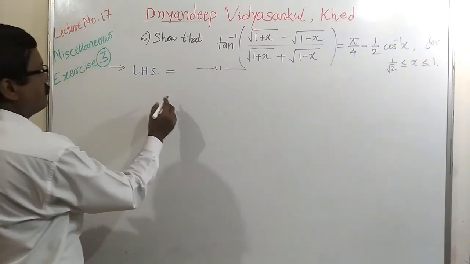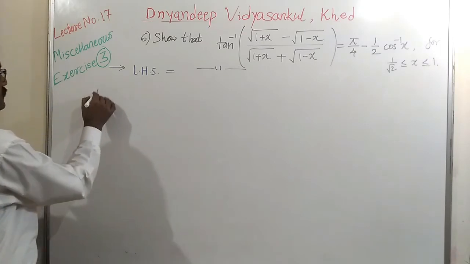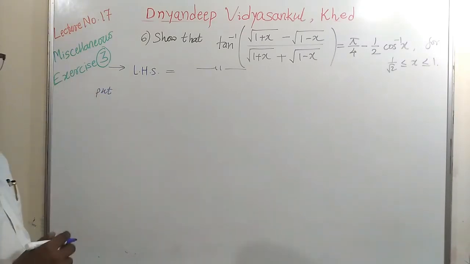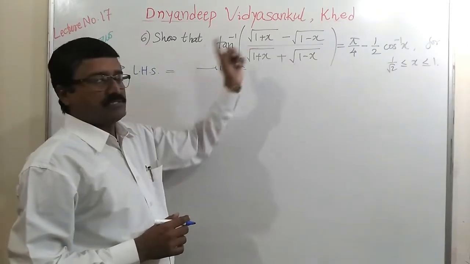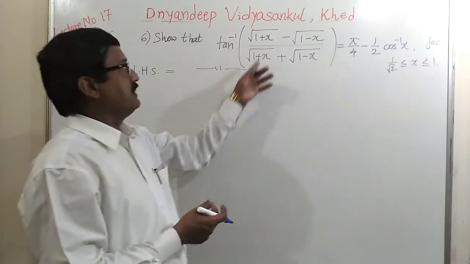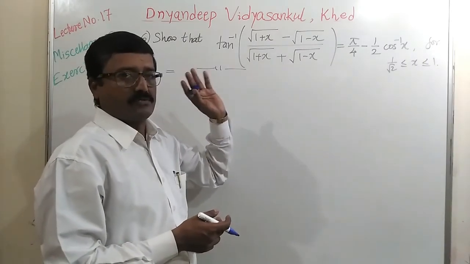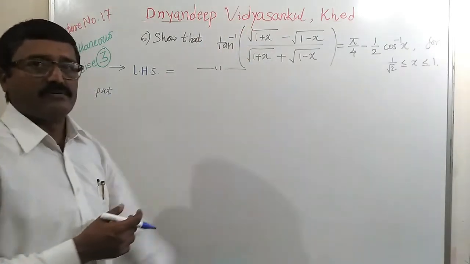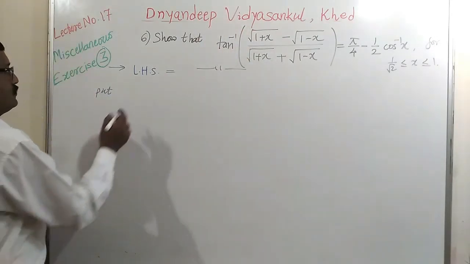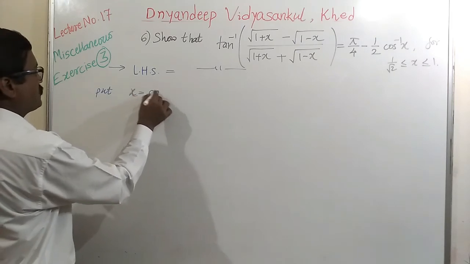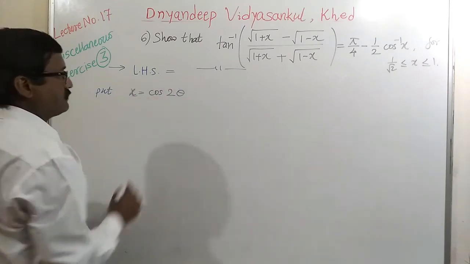Now for this, put x equal to... there is a root, so we can put either x equal to cos theta or cos 2 theta. If you want the answer in terms of theta, then you can put x equal to cos 2 theta. If you want the angle in theta by 2, we can put x equal to cos theta also. So put x equal to cos 2 theta.